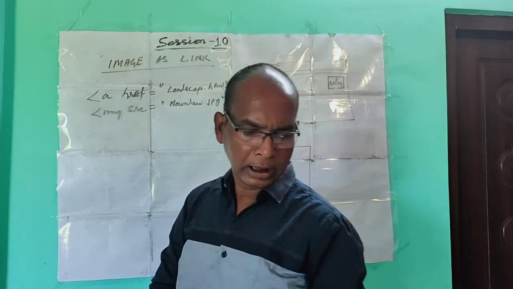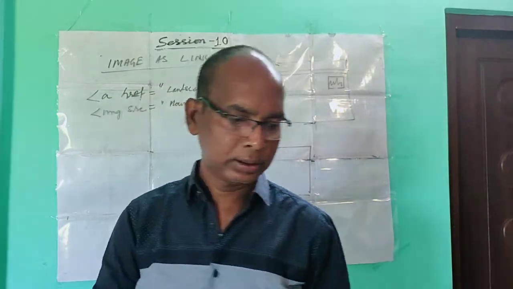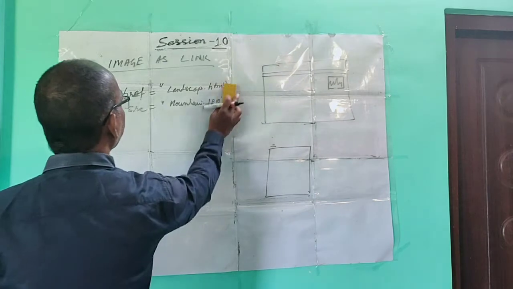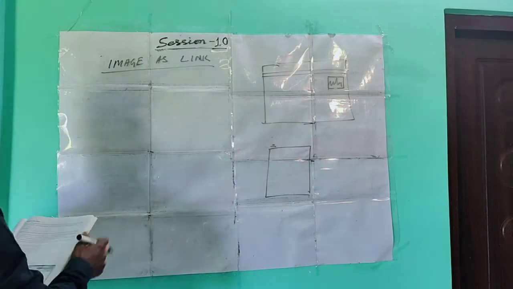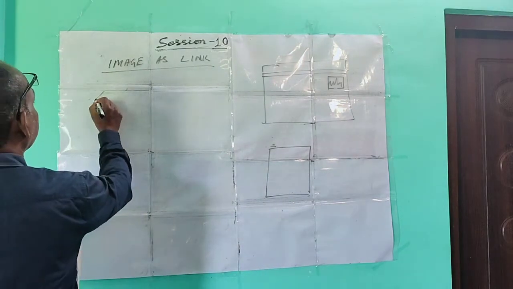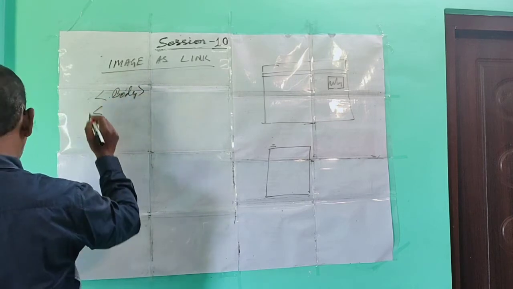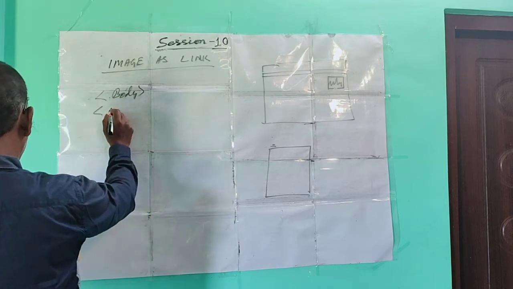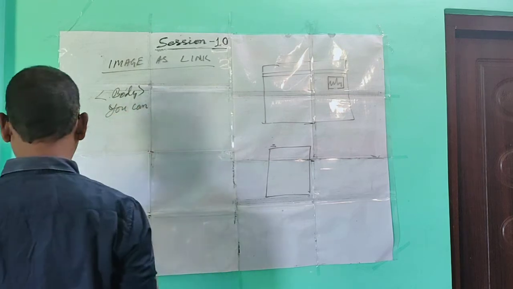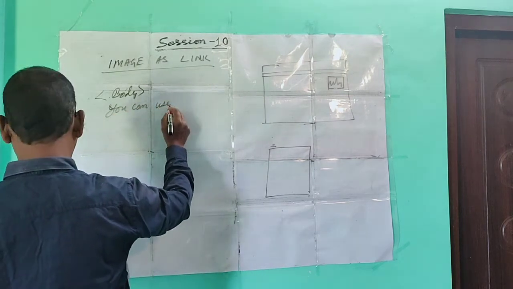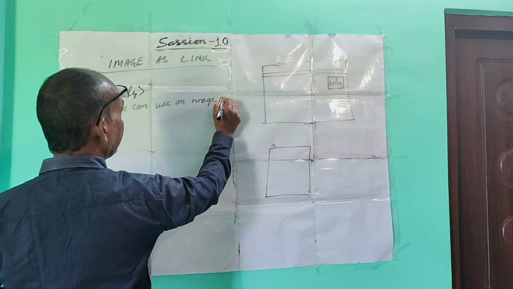So how to create links? I'll show an example. You see here. After body, you can use an image as a link.